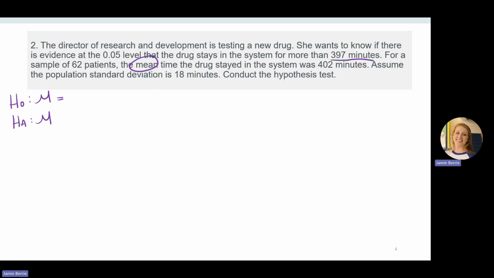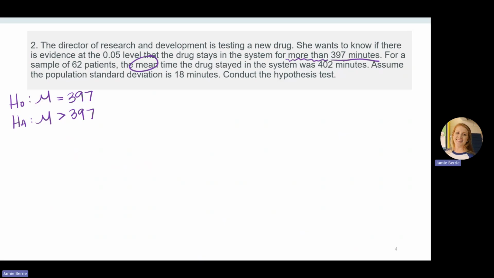That would be the 397 minutes, right? So as of right now, this is what is believed to be true. But this director of research and development believes that it actually stays in the system for more than, so greater than 397 minutes.